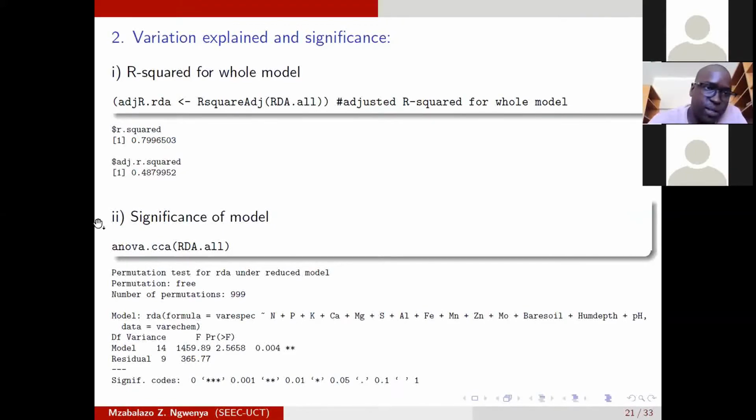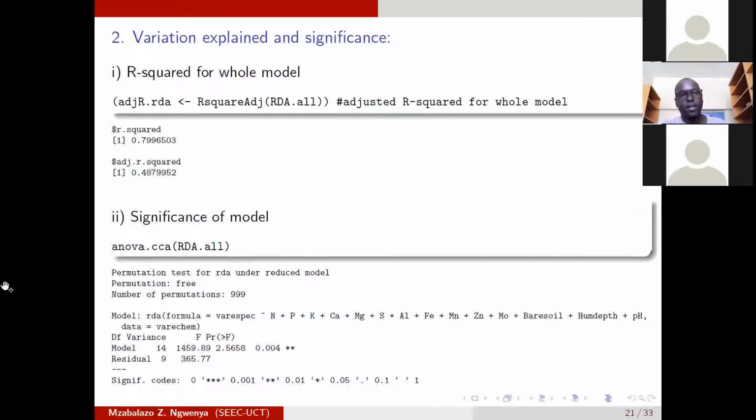We want to know, the value seems low, but is it statistically significant? Firstly, we shouldn't be surprised that we get such a low value. Remember, this is multivariate data, it's highly dimensional data. So being able to explain around 48% of the variation is quite good already. What we want to see now is whether the model is significant or not.